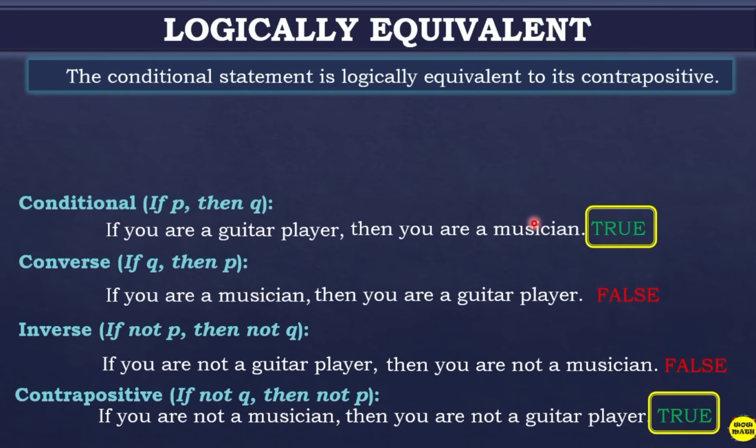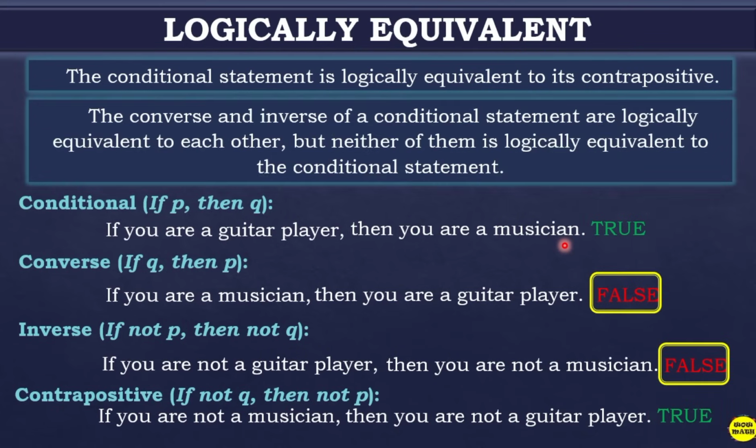Okay? What else? The converse and inverse of a conditional statement are logically equivalent to each other. Why? Because they are both false. So, sabi nga, pag pareho sila ng truth values, they are logically equivalent.